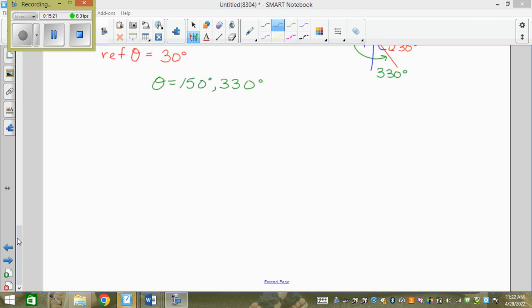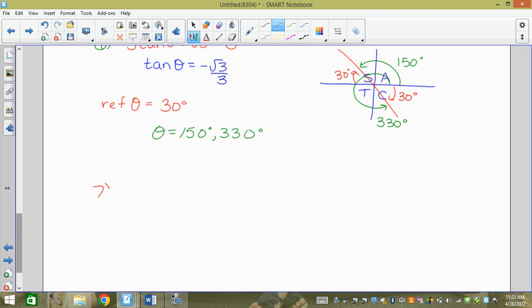Okay, what if I give you tan theta equals undefined? When does undefined happen? When you divide by 0. And tans are what divided by what?